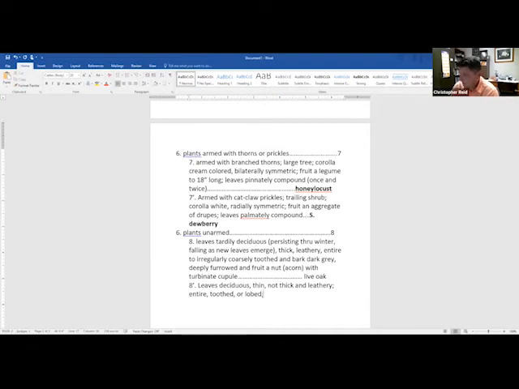Let's see. Okay. Yeah, this is a time for, since we used "and" above, "without the above combination of characters." Yeah, I know, it's a cop out. Botanists do it all the time.